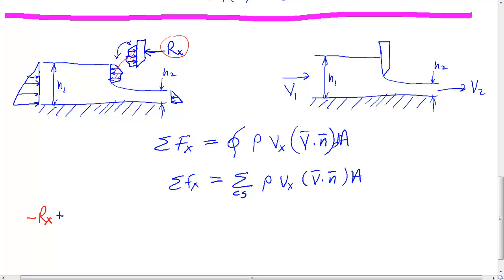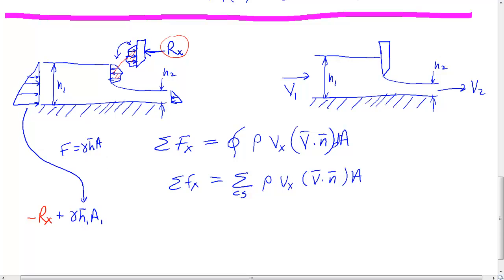then I'll write plus gamma H1 bar A1 for that. Now remember, our gates, if we had a gate sitting somewhere, gamma H bar A was the actual force. Now I don't care where it's located in this particular case. It's a hydrostatic force.